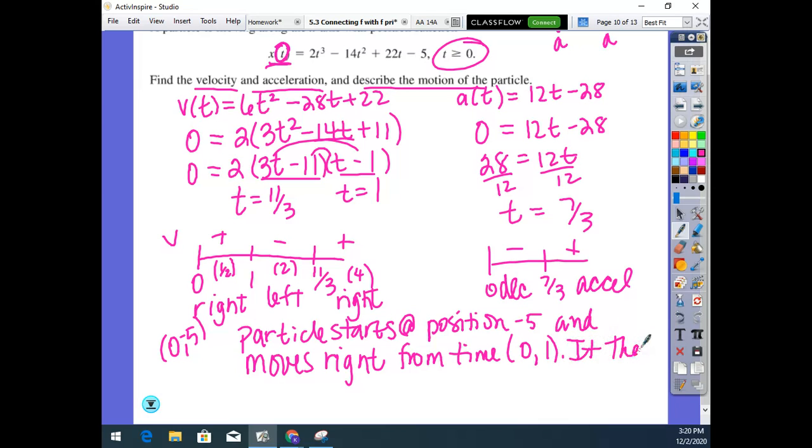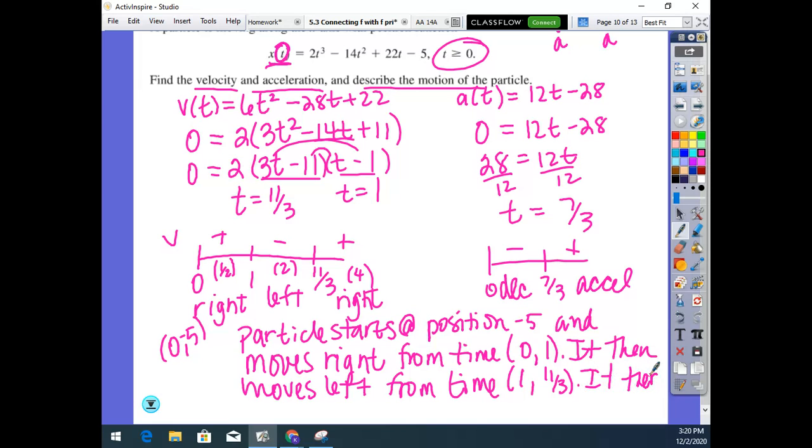It then moves left from time 1 to 11/3. It then moves to the right for the duration.